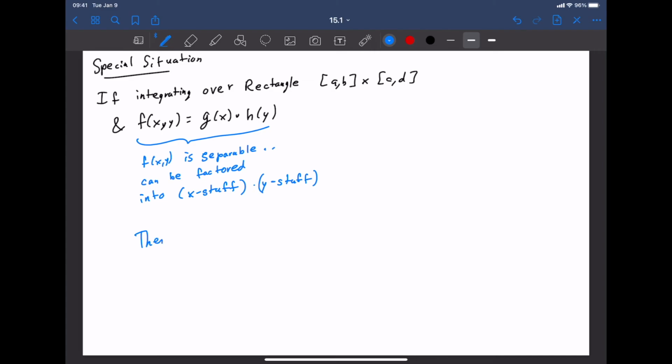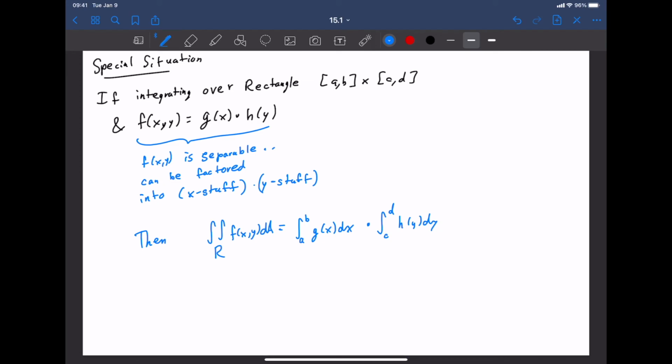Then the double integral over R of f of x y dA equals, you can do it as an integral from a to b of the g of x function times the integral from c to d of the h of y function with respect to y, because they're all just constants with respect to each other.